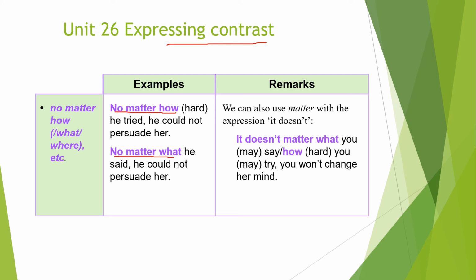Sometimes we can also use matter with the expression it doesn't matter what you say, or it doesn't matter how hard you may try, you won't change her mind. You can add it doesn't to replace the word no. It doesn't matter what or no matter what, they're similar.